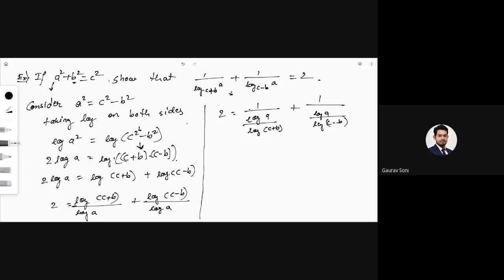Say, for example, if I put log of a square is equal to log of c square minus b square, which is nothing but a square, both are getting cancelled out. You won't get anywhere from this. So I have to proceed in a manner that I should get this expression.